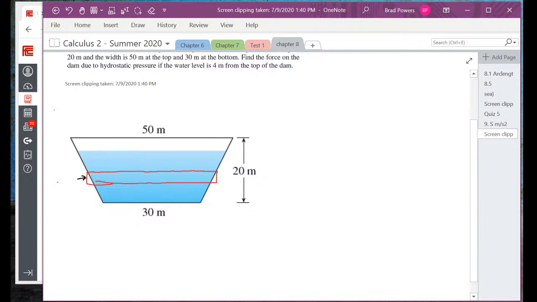In this case, let's say our depth is x sub I. Let's say this is 0. So we'll say x equals 0 here.